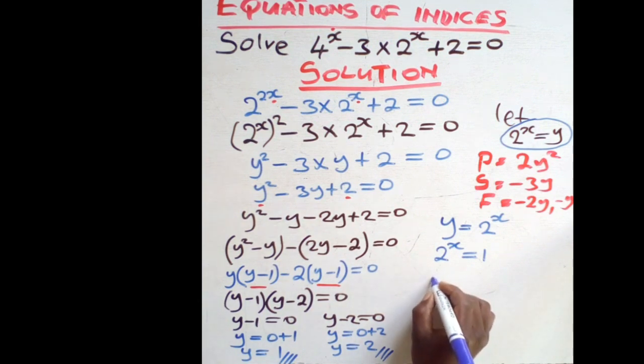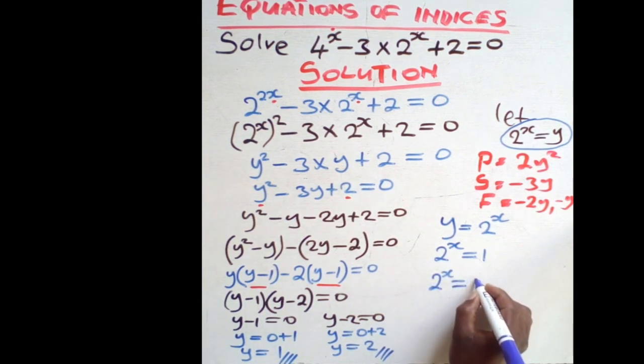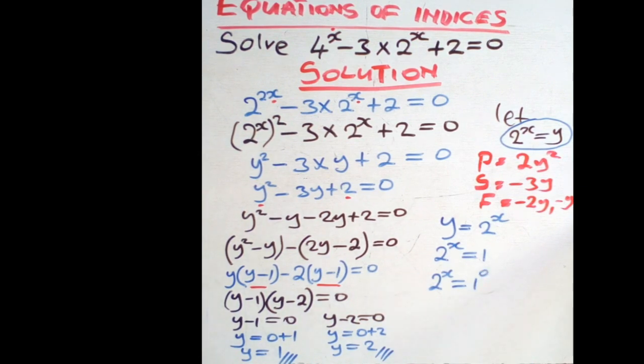So we can write it as 2 to the power x is equal to 2 to the power 0, such that these can go, but 2 to the power 0 still gives you a 1, because any number to the power 0 is equal to 1. Then the first value of x is going to be equal to 0, because at this point these 2 and that 2 are equal, so we ignore them. Then we just remain with this x and that 0, and this is the first answer.